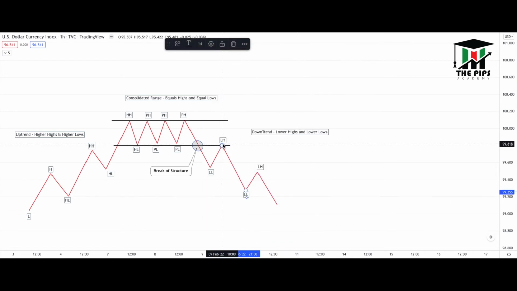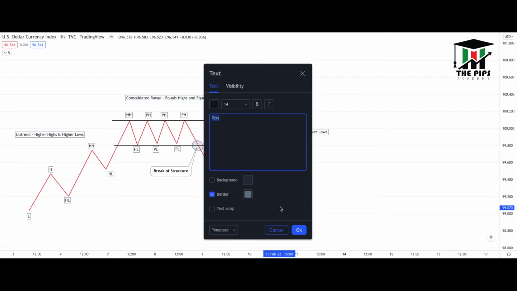Once price breaks the previous low, that gives us another lower low. The pullback or retracement is considered a lower high, and this down here is considered our last lower low.